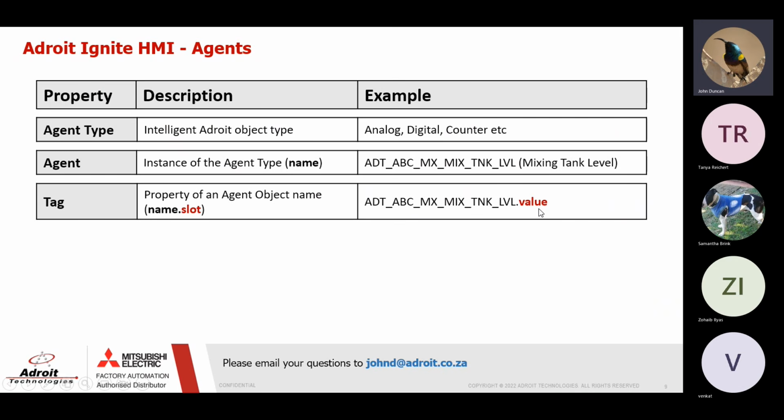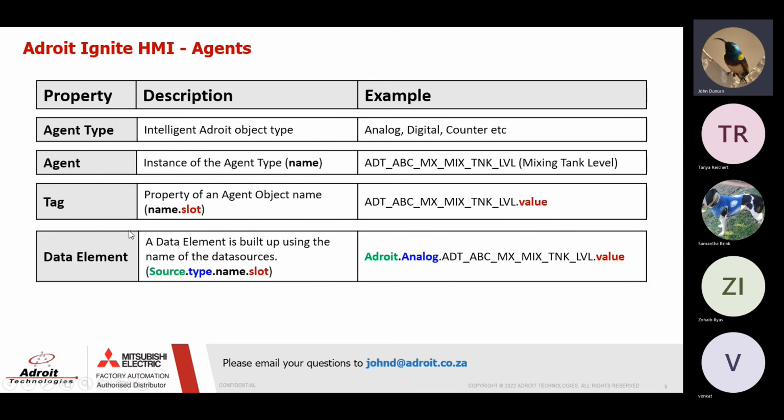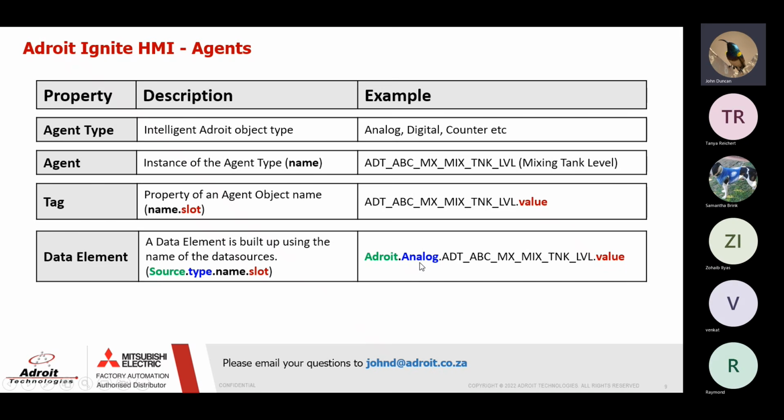Now there are various slots that you can associate with your tag, be it the value or the raw value or the engineering minimum, engineering maximum value that you can display or alarm in your system. And then the full one would be a data element, which would be your source, the type, the name, and the slot.